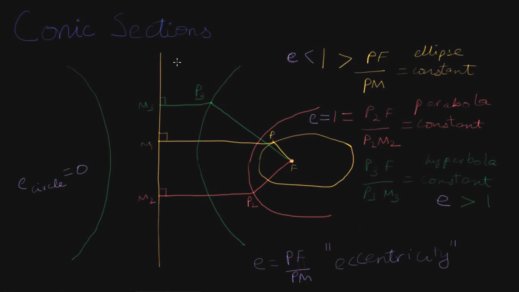If I increase my eccentricity so much that the curve moves from being a hyperbola to a straight line as the directrix is, the directrix doesn't actually have a PM. So the eccentricity of the directrix would be infinity, since its PM tends to 0.